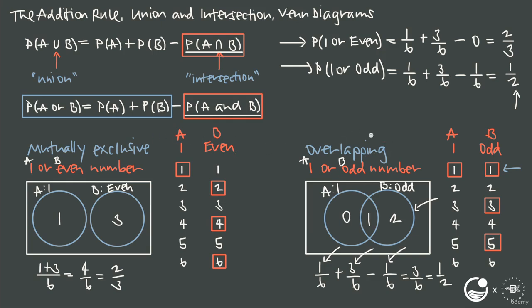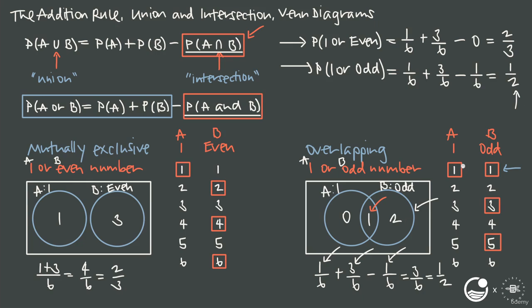Over here, with this overlapping probability, 1 occurred in both set A and set B. And so if we don't subtract out this intersectional probability, if we don't subtract out this value, we will double count it as part of event A and part of event B, and we'll overstate our probability.